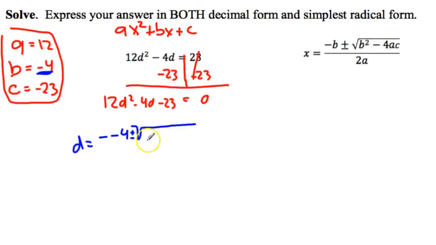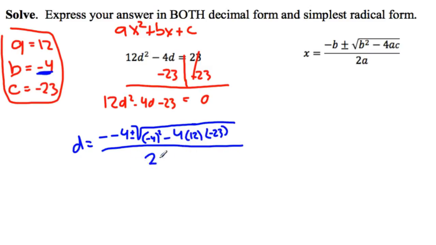B is negative. So if you're going to do it in a calculator, you've got to put the parentheses. Negative 4 squared. If you don't, it's going to be wrong. So always do that. Minus 4ac. A is 12. C is negative 23. Okay? And that's all over 2 times a, which is 2 times 12.